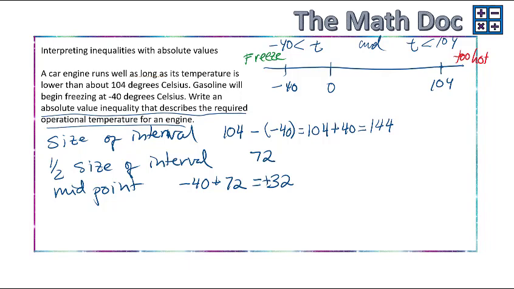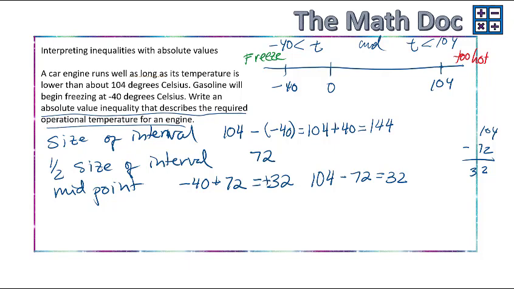Let's look at 104 minus 72. 4 minus 2 is 2. 0 minus 7 is impossible to do, so we'll borrow the 1, and we have 10. That's 32. So in both cases, we get our midpoint to be 32.